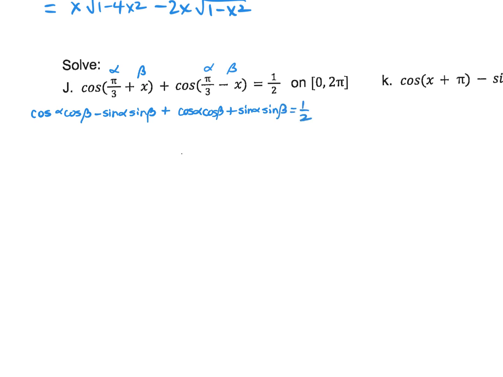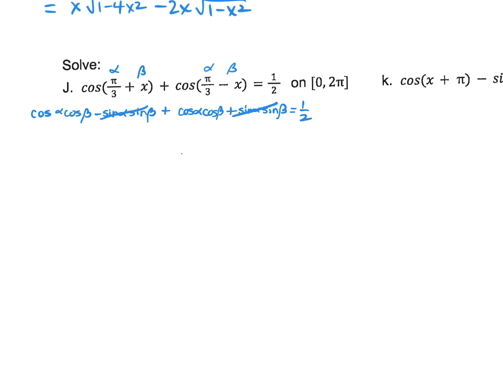Now I want you to notice something. My alpha and beta are the same, aren't they? If my alpha and beta are exactly the same, guess what? Minus sine alpha sine beta and plus sine alpha sine beta are going to go away, aren't they? So that goes away.